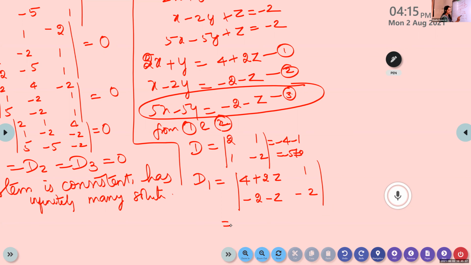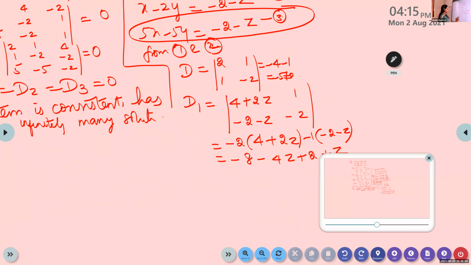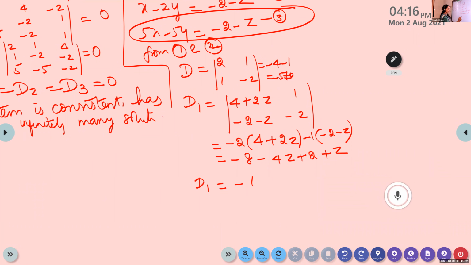When you expand this determinant, it is minus 2 into, minus of 1 into minus 2 minus z, so it is minus 8 minus 4z plus 2 plus z. So D1 is minus 6 minus 3z.